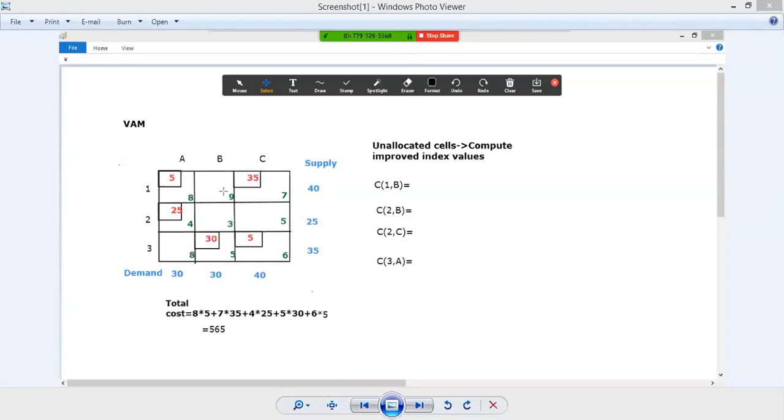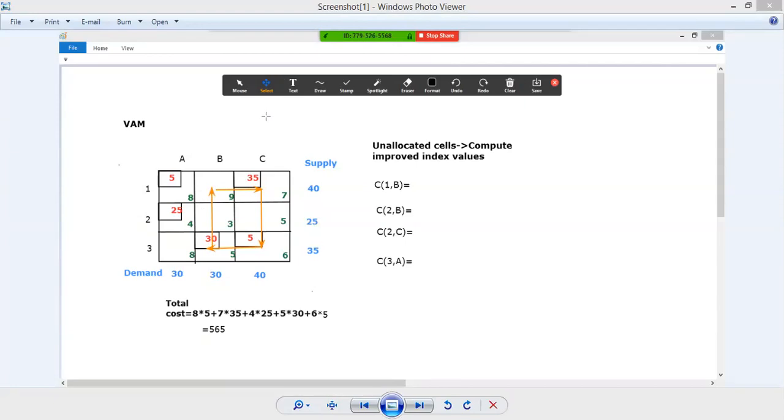For that we need to form a loop. The loop should start from this empty cell, and from this empty cell I have to reach an allocated cell. Then I start the journey again, reach another allocated cell, and again come back to the original empty cell or unoccupied cell.